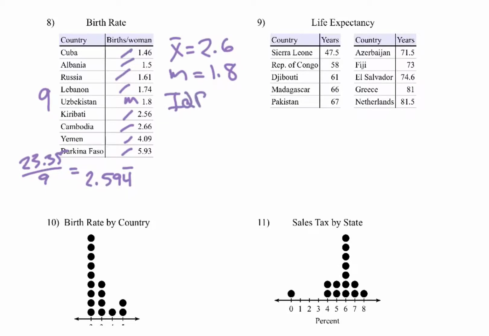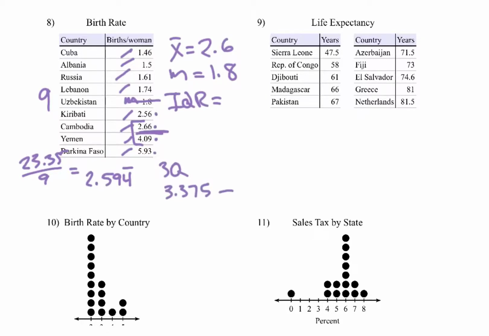Now for our interquartile range, we take the median of the upper half, which if I look at this, it's going to be somewhere in there. So I take those two, 2.66 plus 4.09, gives me 6.75, divide by 2, and we get our third quartile as 3.375.